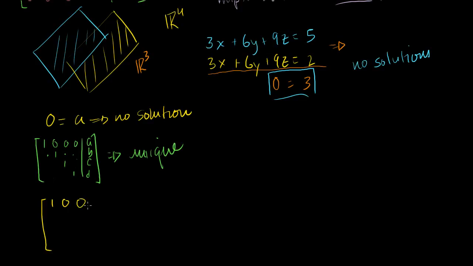Let me do it like this. 1, 0, 0, and then I have the entry 1, 2, and then I have a bunch of zeros over here. And then this has to equal 0. Remember, if this was a bunch of zeros equaling some constant, then I would have no solution. But let's say this is equal to 5, this is equal to 2. If this is our reduced row echelon form that we eventually get to, then we have a few free variables.